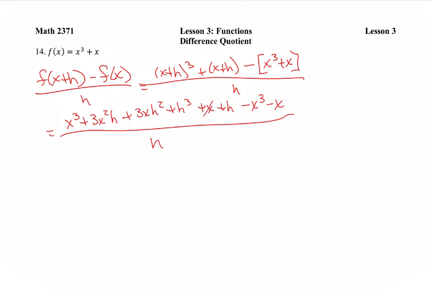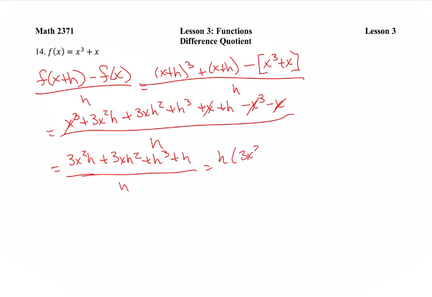Cancel my like terms. What's left should only be terms with h in it. So I'm left with 3x squared h plus 3xh squared plus h cubed plus h, all over h. I want to factor out an h. Got to factor h times 3x squared plus 3xh plus h squared plus 1, close parentheses, all over h.